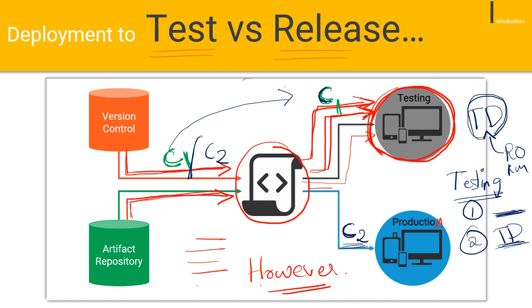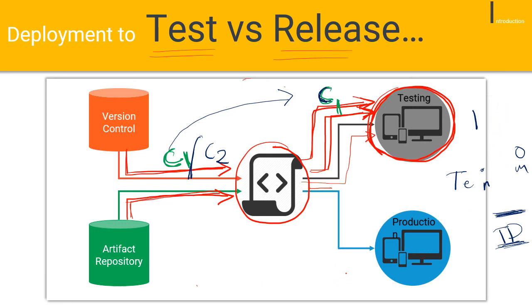Right? However, please bear in mind that the binaries, or in other words the actual executable that we use, will be the same for testing and for when we release it into production, right? There will be minimal difference between the executable here and here.